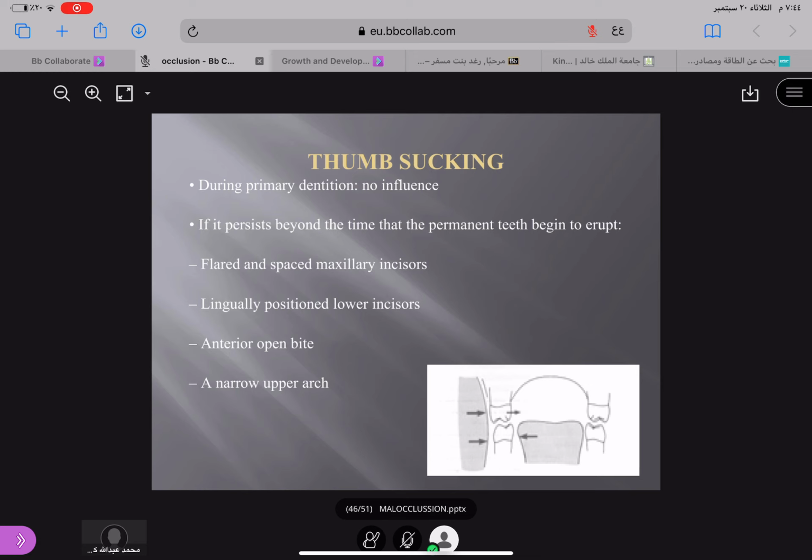What is the relationship between thumb sucking and lingually positioned lower incisors? I can understand the flared and spaced maxillary incisors due to thumb sucking. What is the cause of lingually positioned lower incisors due to thumb sucking?